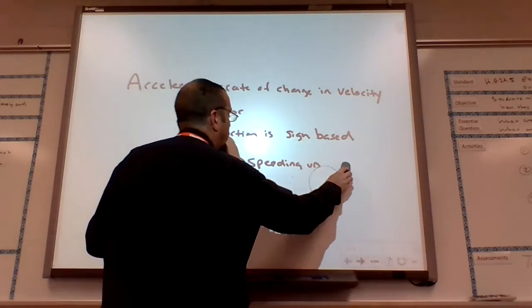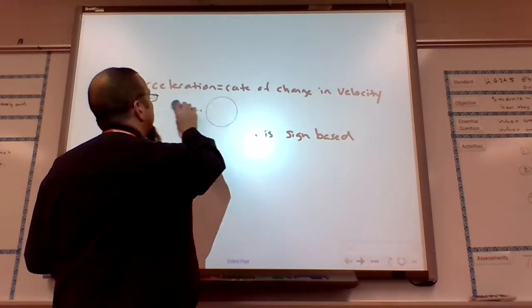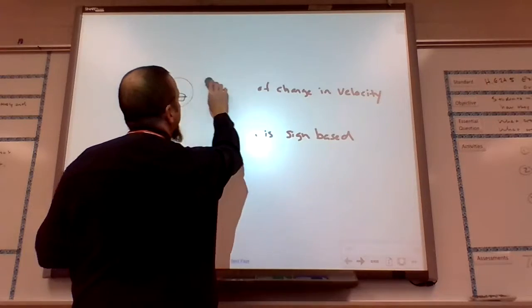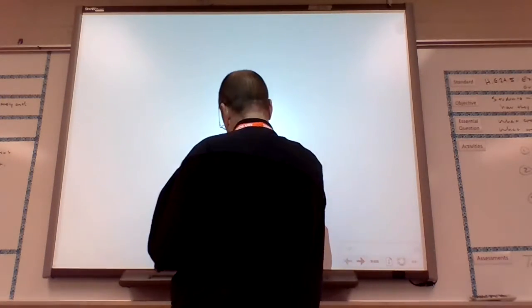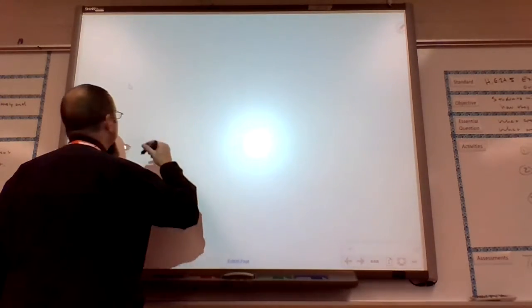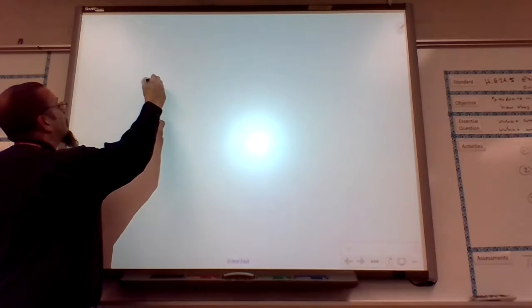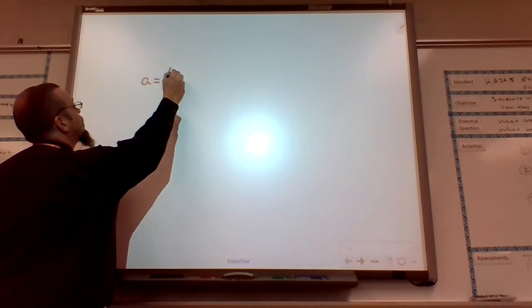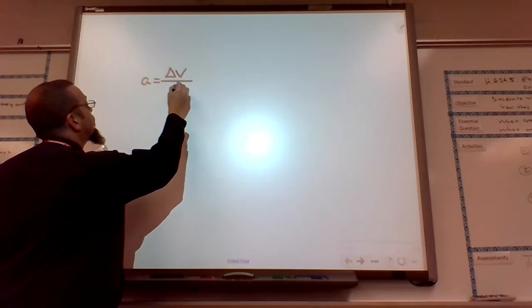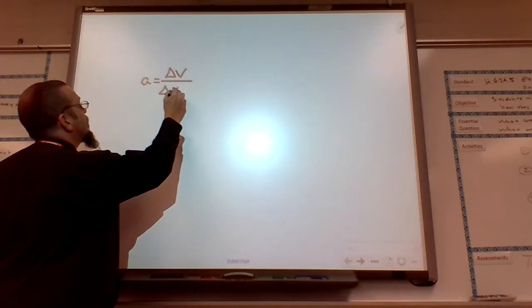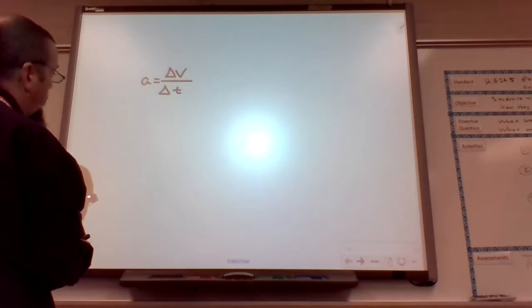The equation for it that you're taught in physical science is Vf minus Vi over t. But because we have to do things algebraically in physics, we'll learn acceleration is change in velocity, delta v, over change in time, delta t.